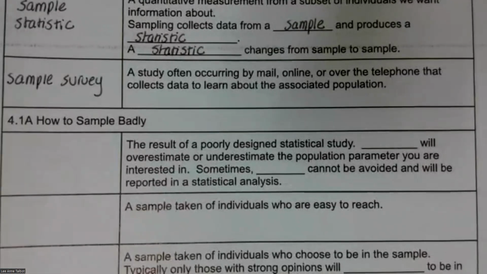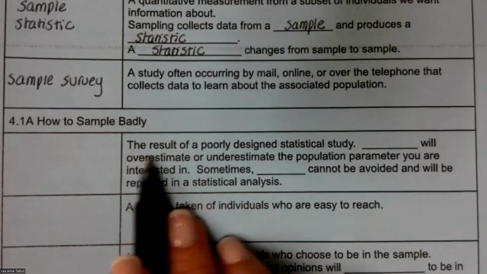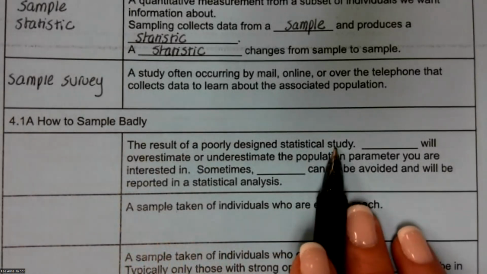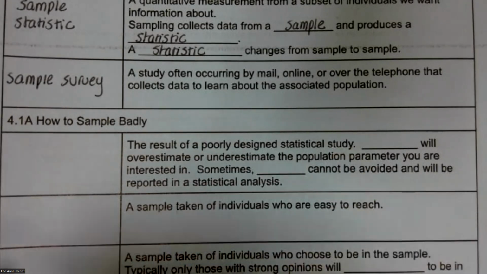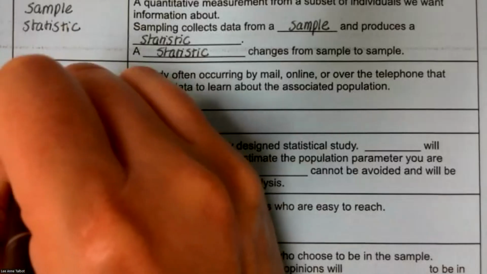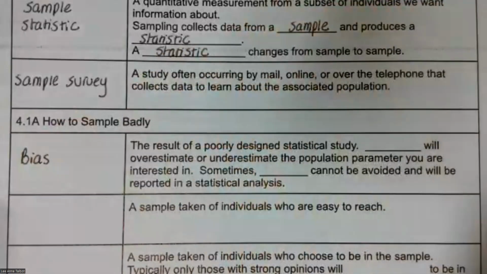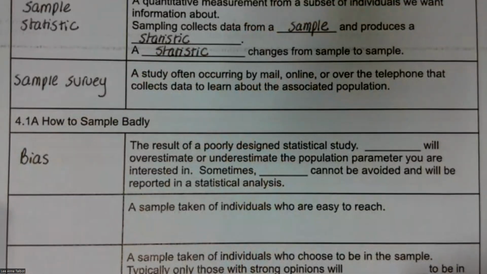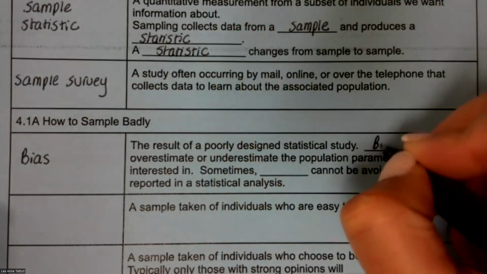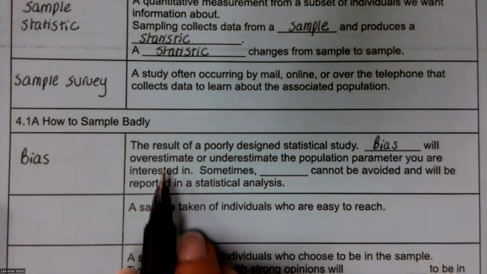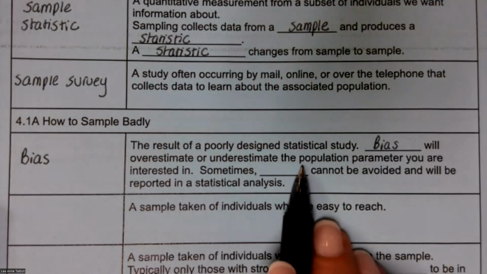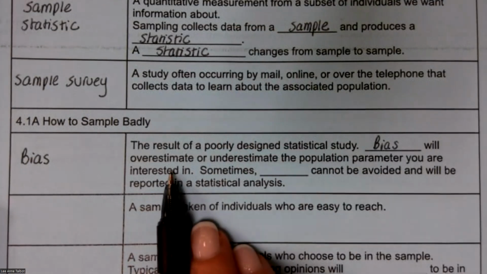Let's see if you know what this is called. The result of a poorly designed statistical study. Do you have any guesses? It starts with a B. Bias. Nice. Bias will overestimate or underestimate the population parameter you're interested in.